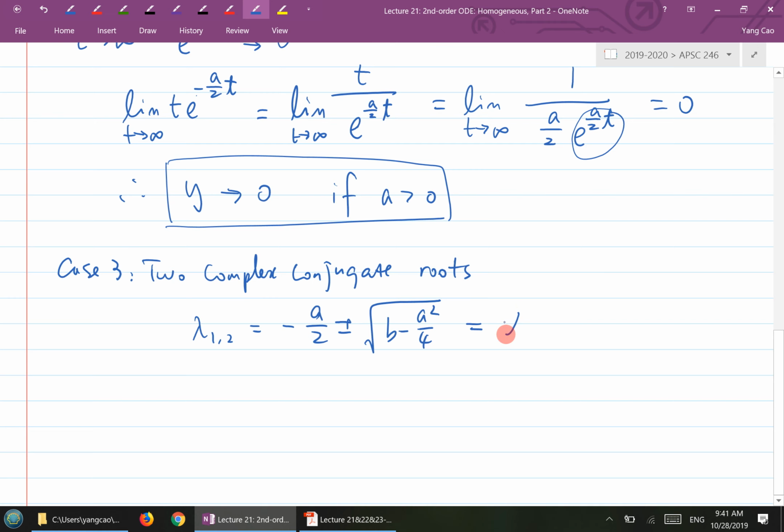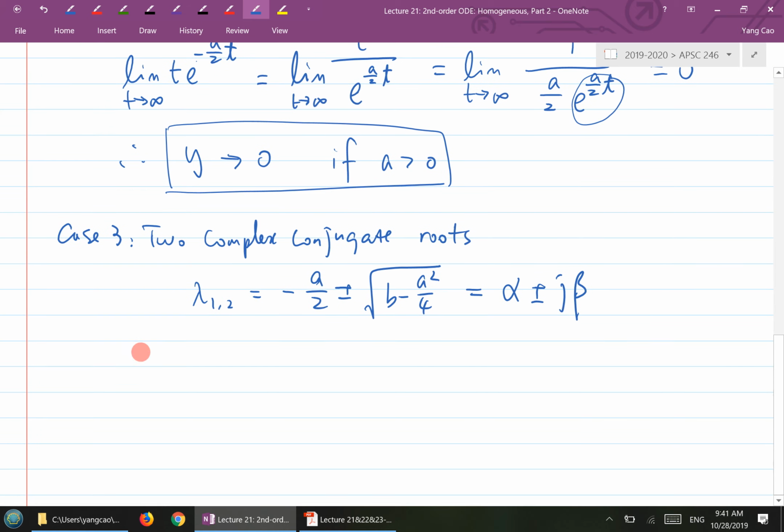But you can always write it as 2 complex conjugate roots in general: alpha plus minus j beta. That's your lambda 1 and lambda 2. So lambda 1, let's say, equals alpha plus j beta, and lambda 2 is alpha minus j beta.